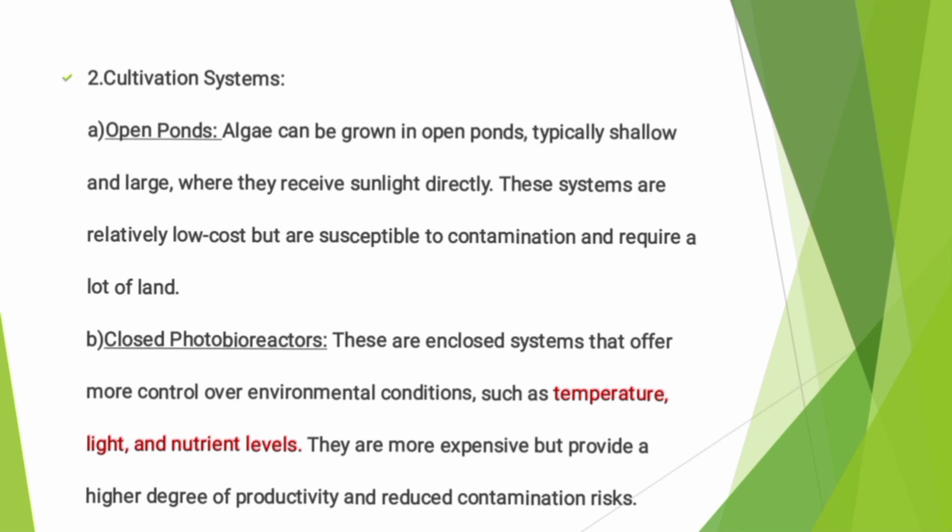These systems are relatively low cost but are susceptible to contamination and require a lot of land. Closed photobioreactors are enclosed systems that offer more control over environmental conditions such as temperature, light, and nutrient levels. They are more expensive but provide a higher degree of productivity and reduce contamination risk.